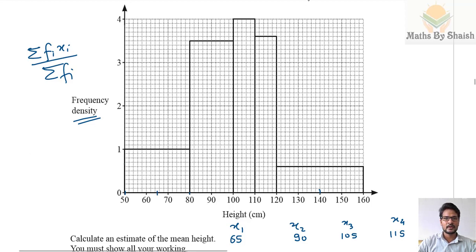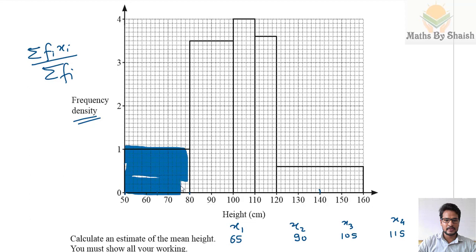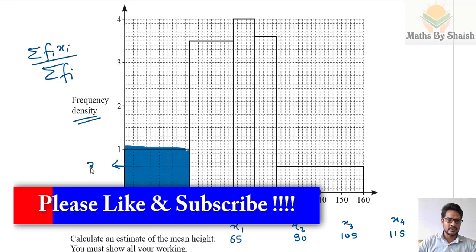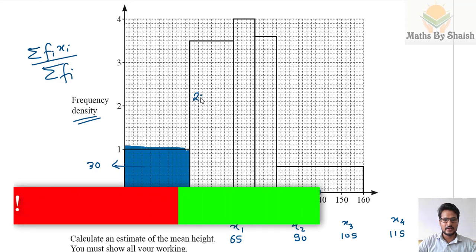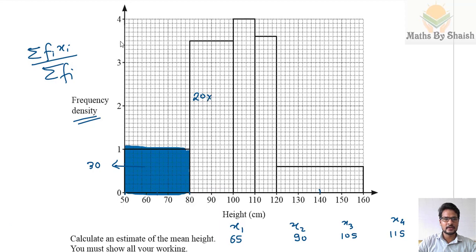Now comes the fi's, and we know in the frequency density case, the frequency is the area of the bar. So here we will find the area for each bar. Since it's a rectangle, we require the length and breadth. Here it is 30 into 1, that is 30. Similarly, here 20 is the width and the height is 3.5, so it is 70.